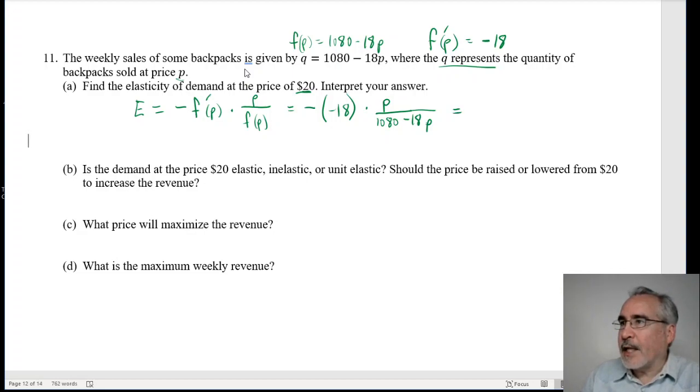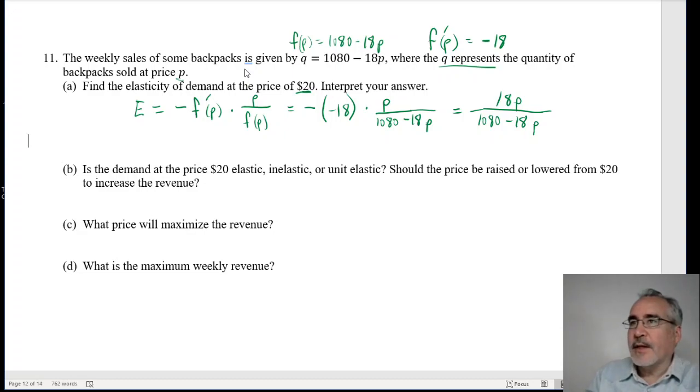It's going to keep going, negative and negative make a positive. 18 times P gives us 18P in the top, 1080 minus 18P in the bottom. So that's our function. What we now do is we plug in 20 for P. So we're looking sort of for the elasticity function at 20.